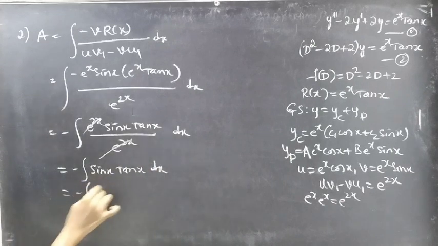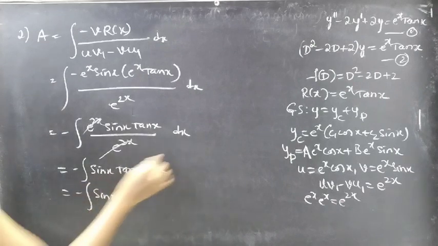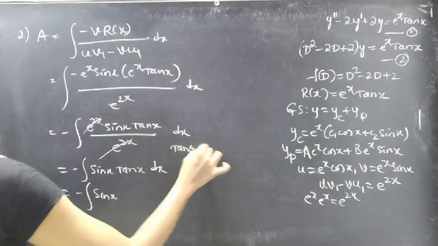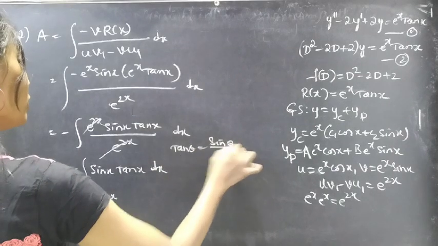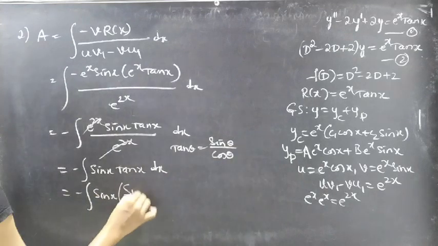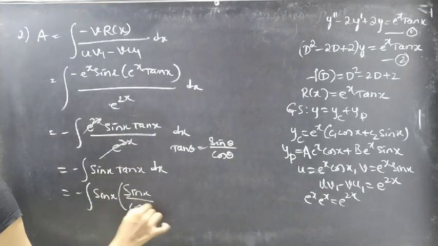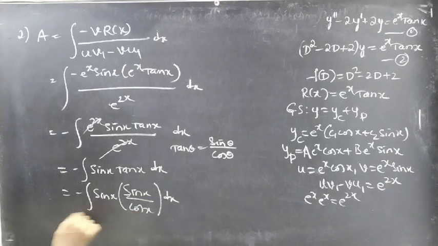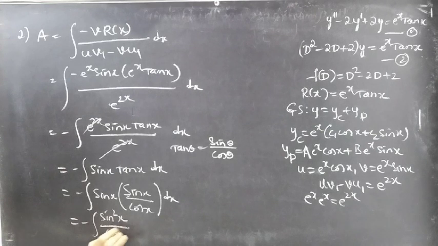This gives us minus integral sin x into, since tan theta is sin theta by cos theta, replace tan x with sin x by cos x, which gives us sin square x by cos x.